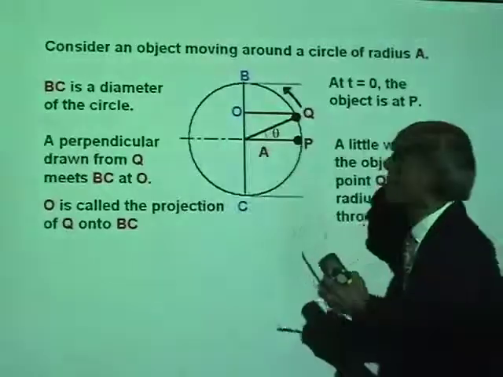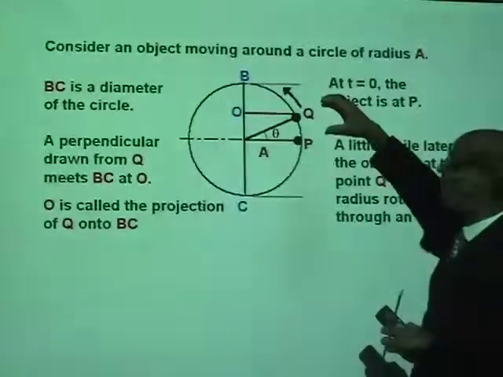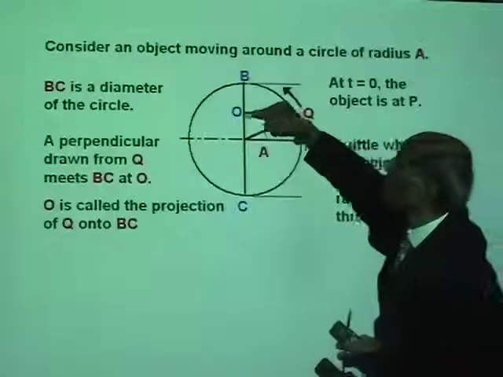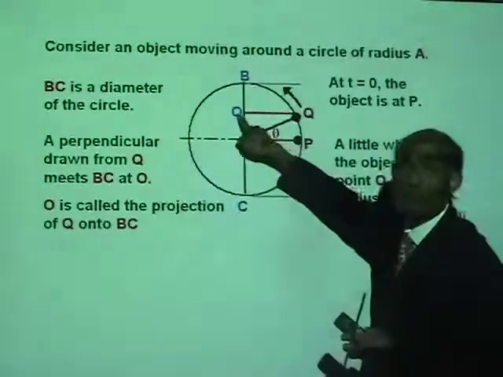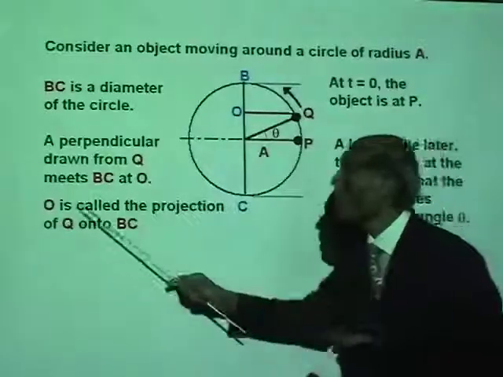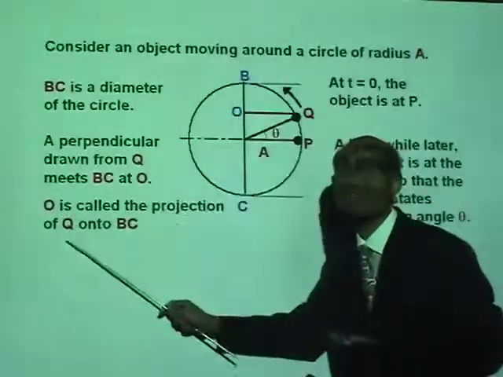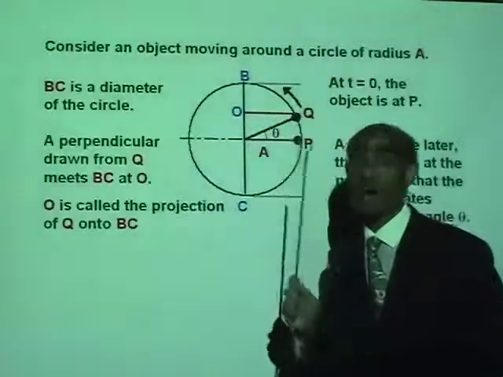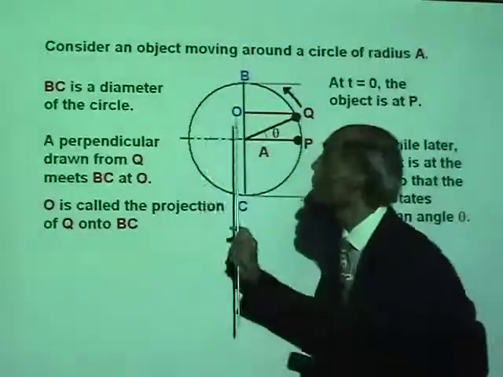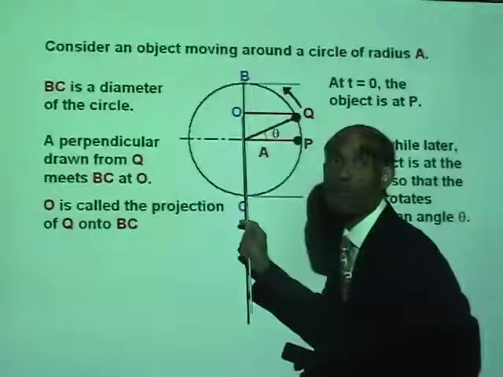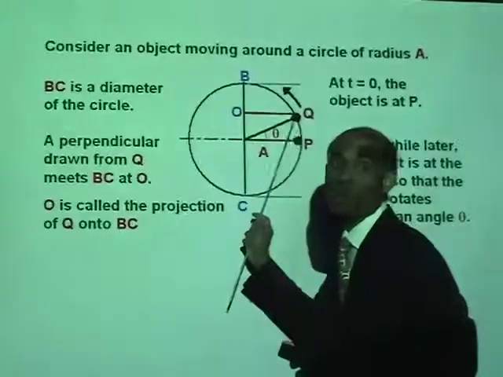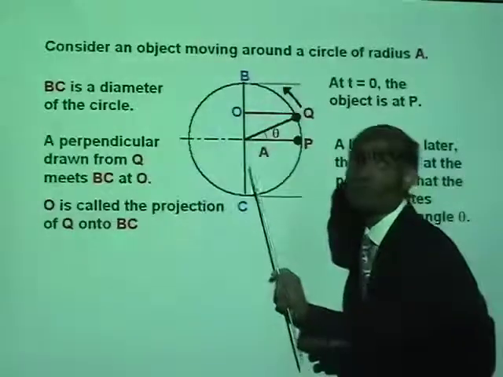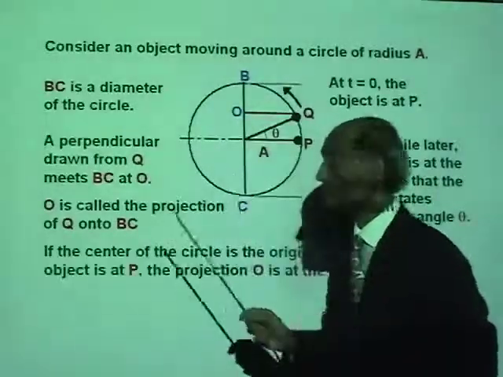In other words, if I keep a light over here, the shadow of this Q will fall on BC. That will be the point O. So O is called the projection of Q onto BC. Now I want you to follow the motion of this point O as the object continues in its path around the circle. Listen very carefully.